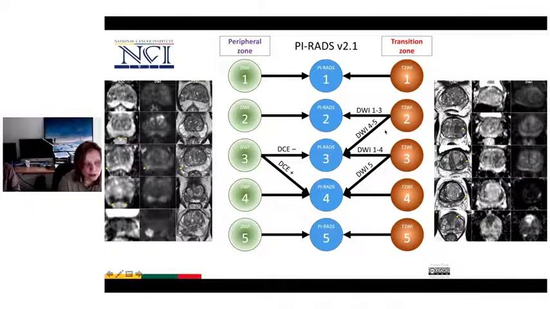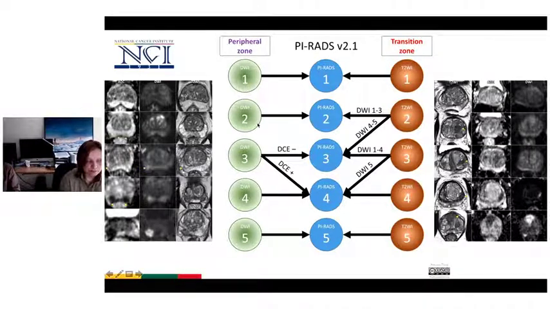So now maybe this schema will be easier for you after the explanation. Here we have the evaluation of the peripheral zone and here of the transition zone. In case we see nothing, it's easy: it's diffusion 1 and it's PI-RADS 1. If we see some wedge-like lines, it's 2.